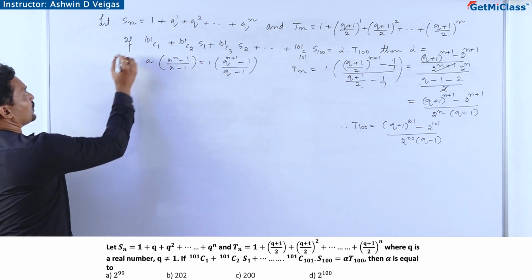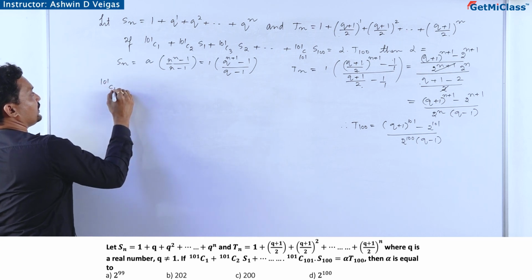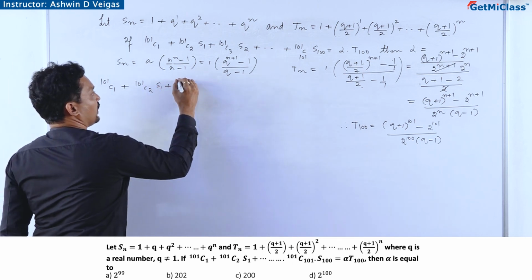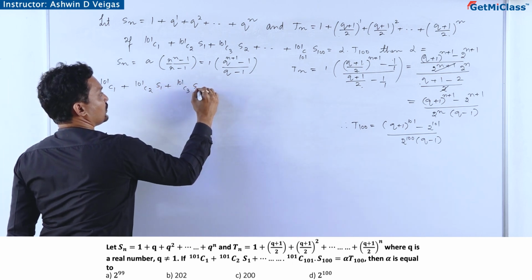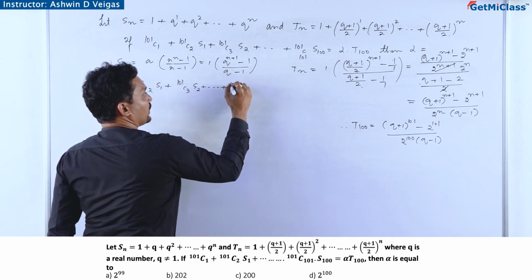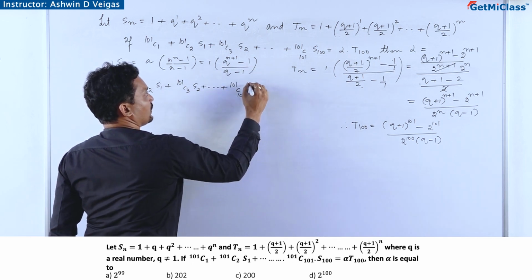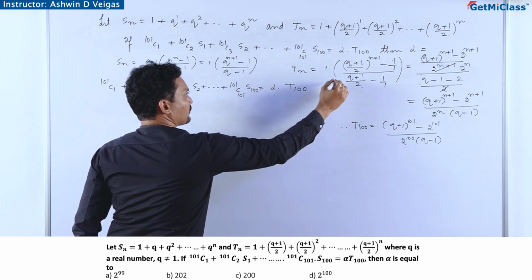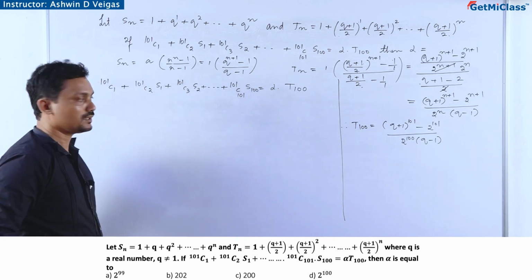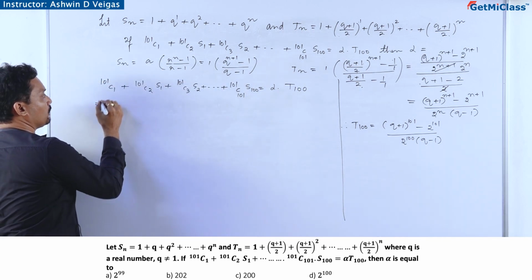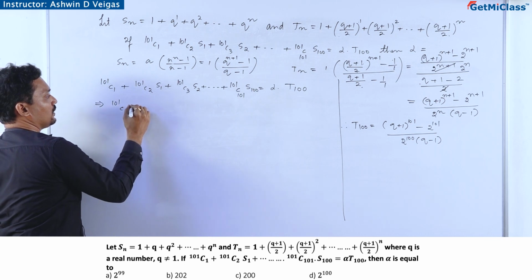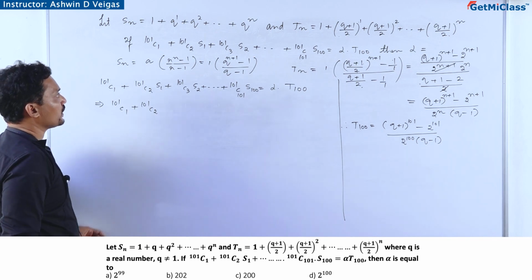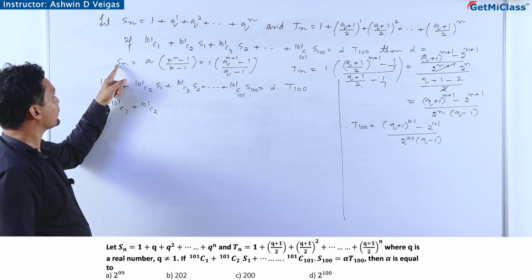So now the main question is 101C1 plus 101C2 S1 plus 101C3 S2 plus so on, etc., 101C101 S100 is equal to alpha into T suffix 100. This implies 101C1 plus 101C2 into S1. Now we can calculate S1 from here.